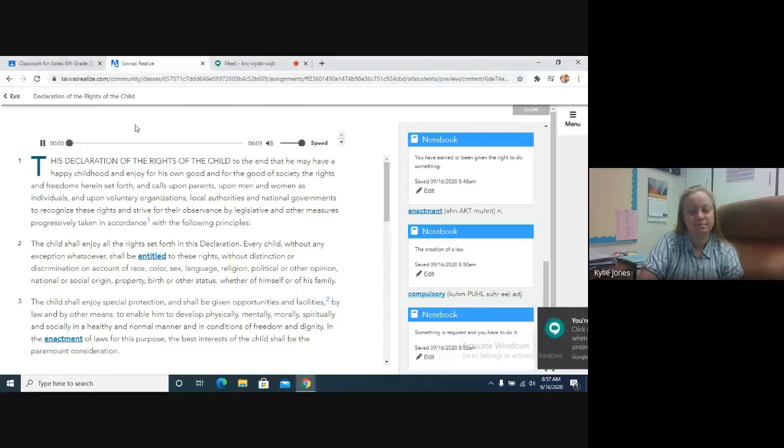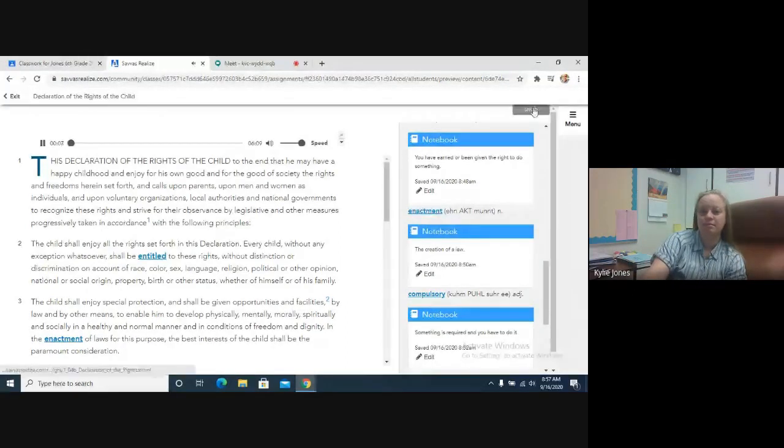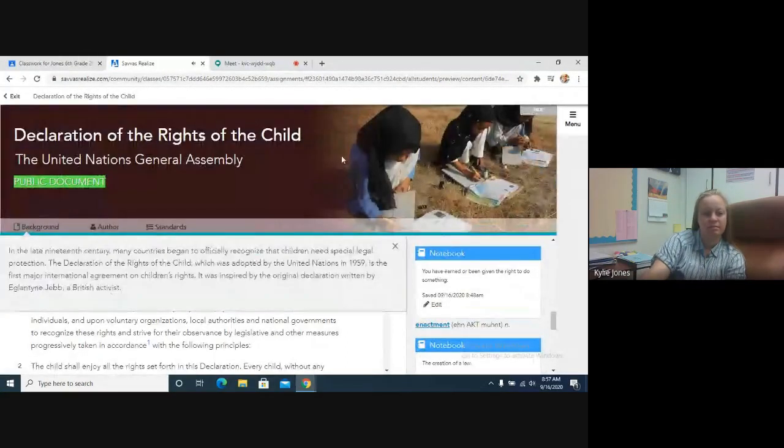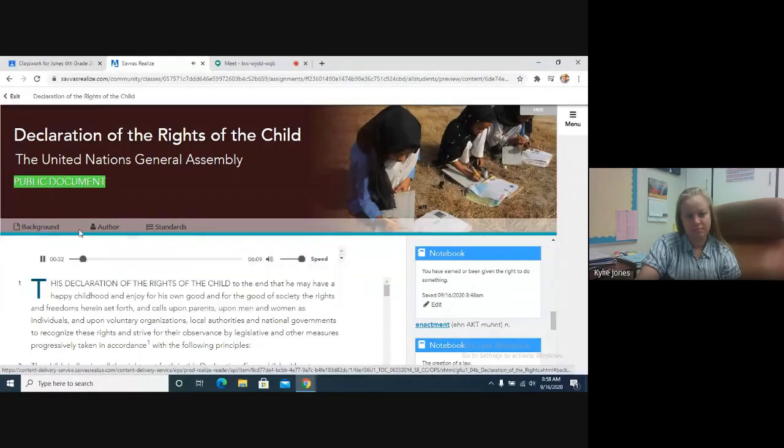Declaration of the Rights of the Child by the United Nations General Assembly, public document. Background. In the late 19th century, many countries began to officially recognize that children need special legal protection. The Declaration of the Rights of the Child, which was adopted by the United Nations in 1959, is the first major international agreement on children's rights. It was inspired by the original declaration written by Eglantine Jebb, a British activist.